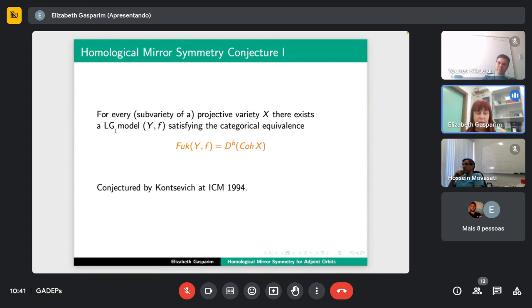The pair is called a Landau-Ginzburg model, where Y is a symplectic variety and F is a complex function on it, such that the left thing is the Fukaya category, which I will describe, and the right-hand side is the derived category of coherent sheaves on X. That is a lot more known, so I will focus more of my time on the symplectic one.